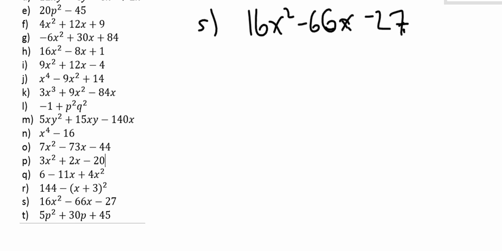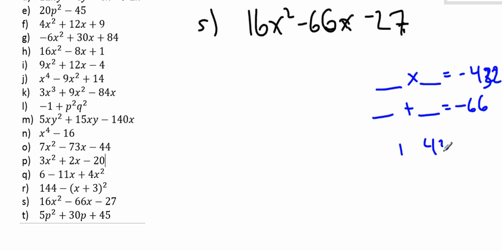Ooh, so that means, oh dear, I need to find two numbers that multiply to something crazy, negative 432, and that add to negative 66.